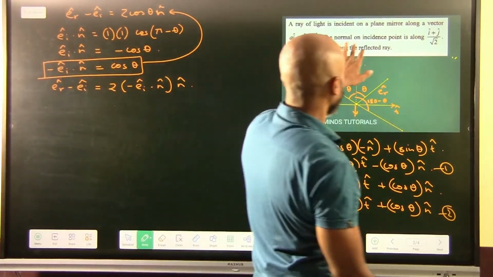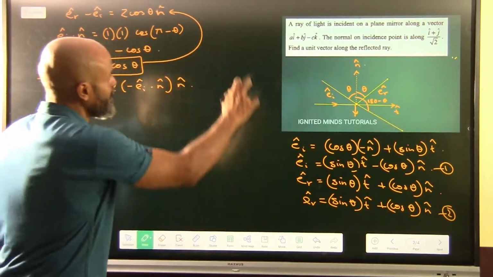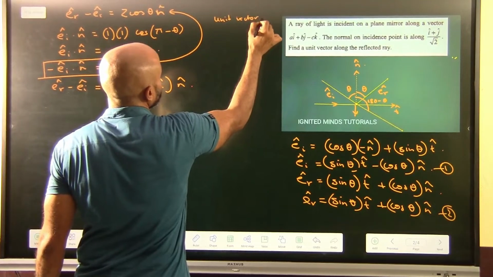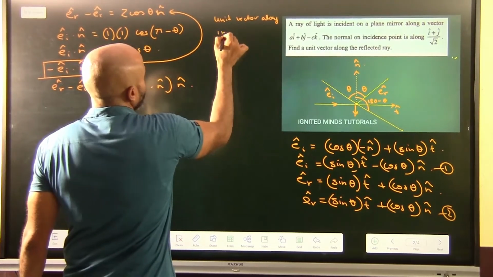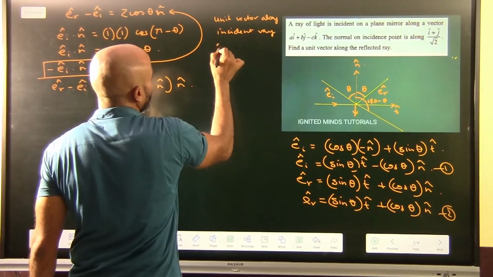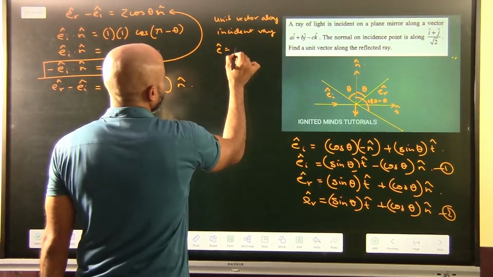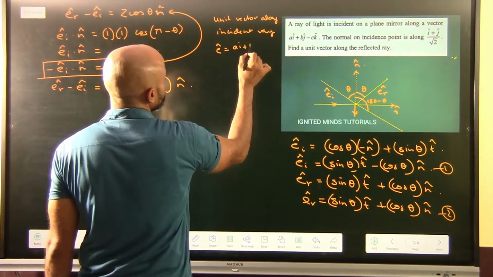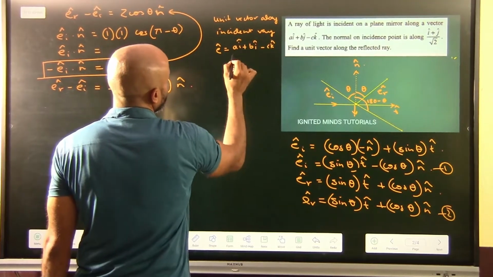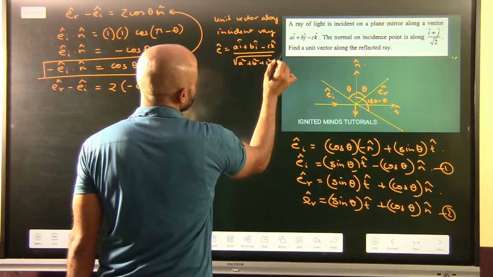Now the normal at the point of incidence is along this, so this is what has been given. If we draw the unit vector along the incident ray, it will be equal to ai plus bj minus ck upon under root of a square plus b square plus c square.